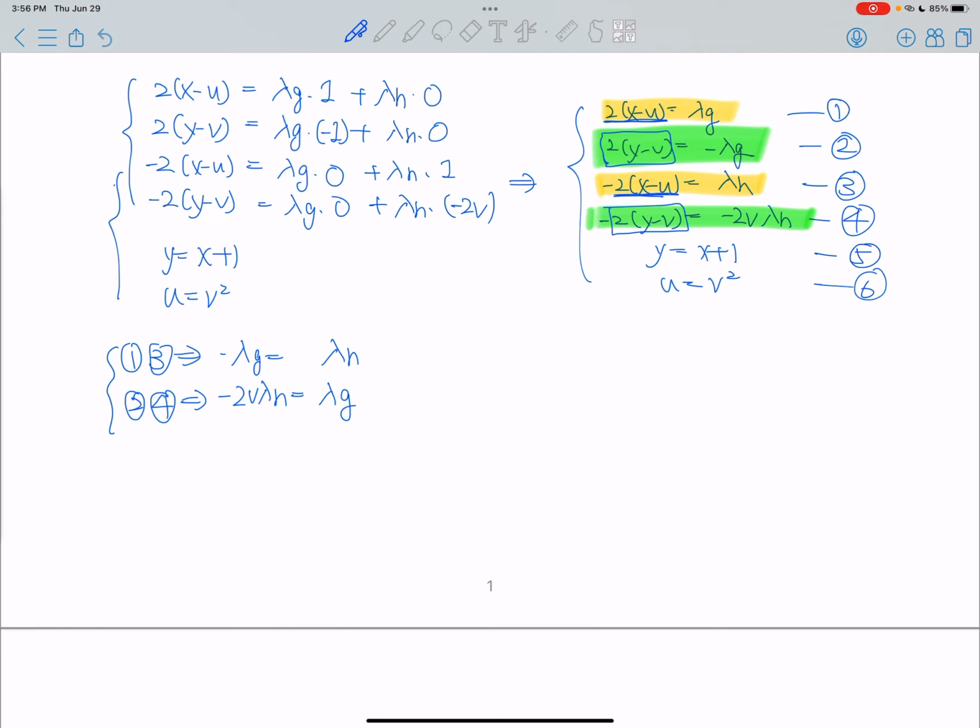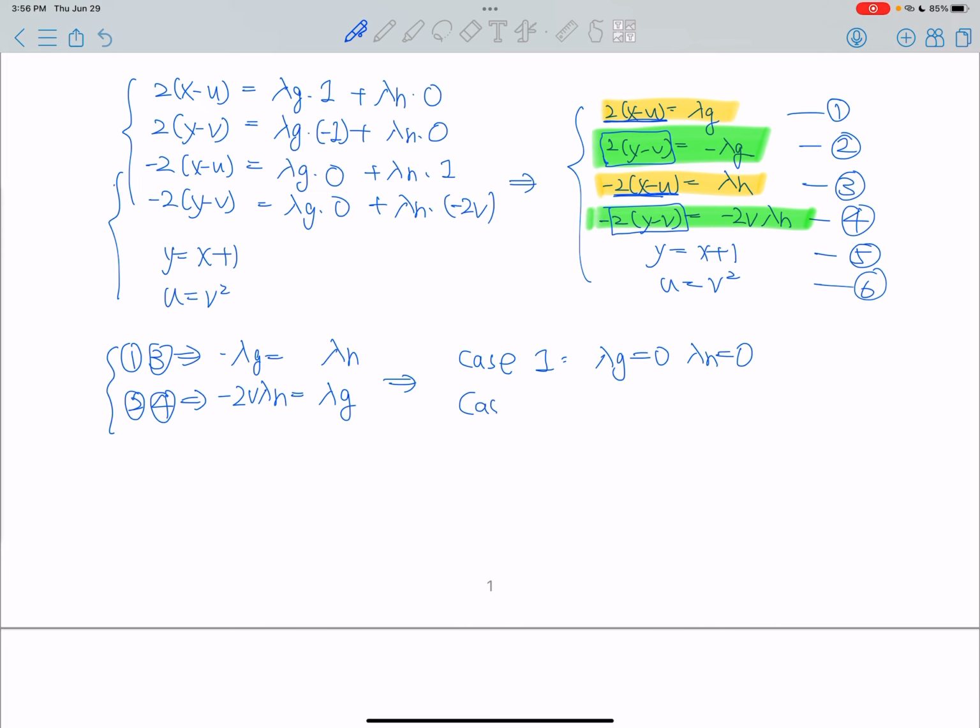And obviously there are 2 main cases we can consider here. In fact, there are exactly only these 2 cases. So the first case is that lambda g equals 0 and lambda h equals 0. They are both 0. And these two equations are naturally satisfied.